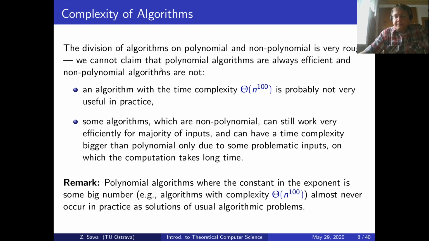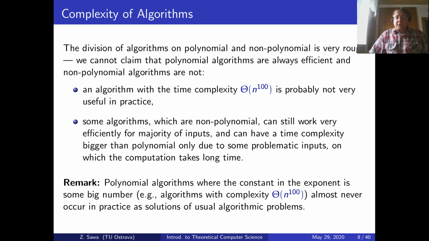I have already mentioned that, of course, an algorithm with time complexity in theta n to 100 is not very useful, but for problems that we typically want to solve in practice, it's not the case that we would have some algorithm with time complexity n to 100 and not have some algorithm with smaller complexity.